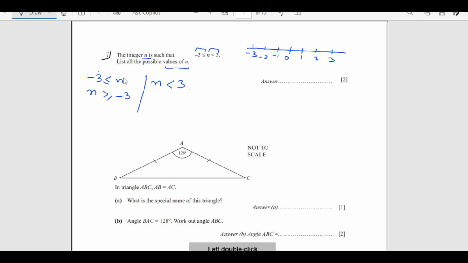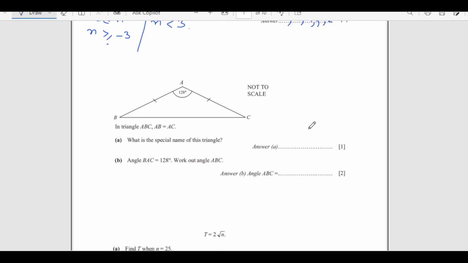Here we have the equal sign, greater than or equal to -3, so this one includes -3, then -2, -1, and less than 3. That means this 3 is not included, but all these values in the middle are included. So the set of values that we have here is -3, -2, -1, 0, 1 and 2. These are the possible values of n.